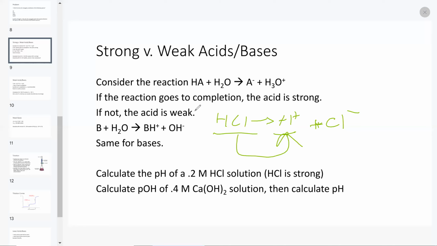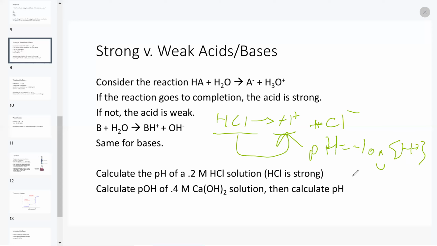So all of the HCl is converted to H plus. So then the concentration of H plus should also be 0.2 molar, right? And then remember, we have pH equals negative log H plus.